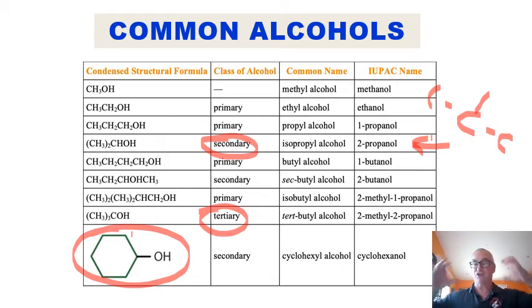And we call that a tertiary alcohol. Not a lot of those, but they do form. And so a sort of nickname for them, we call it tert for tertiary. But the real name for this would be 2-methyl-2-propanol. Okay.